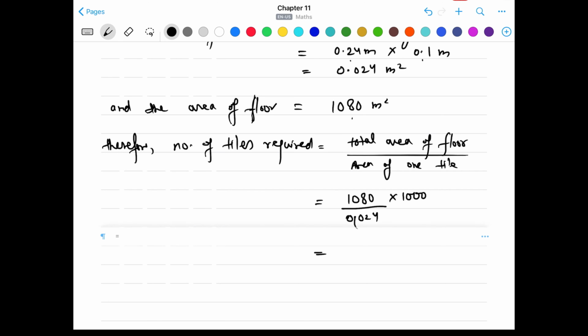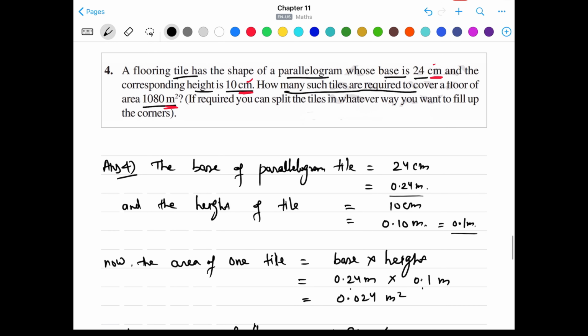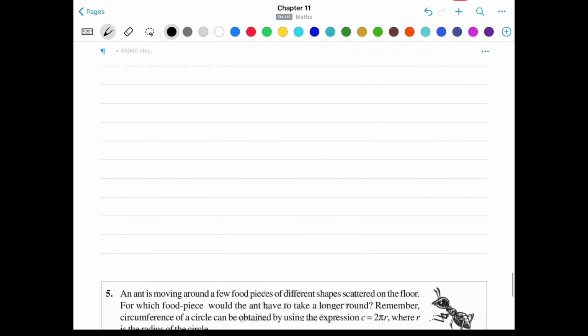When you solve this, by dividing and multiplying, you will get the result as 45,000 tiles. So that's the number of tiles required for covering the entire floor. So that's the answer of question number 4.